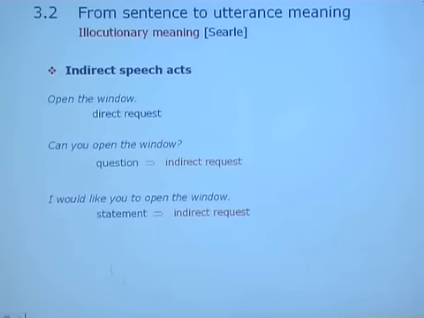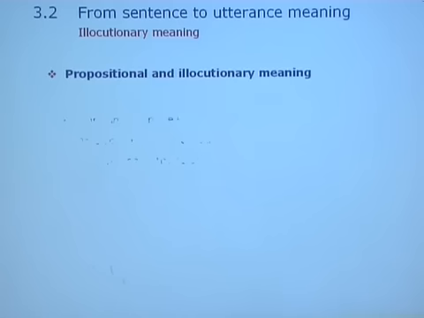So you need contextual information in order to figure out how a sentence is meant and what the illocutionary function is. So "I would like you to open the window. It's cold in here." These are several ways of making an indirect request.